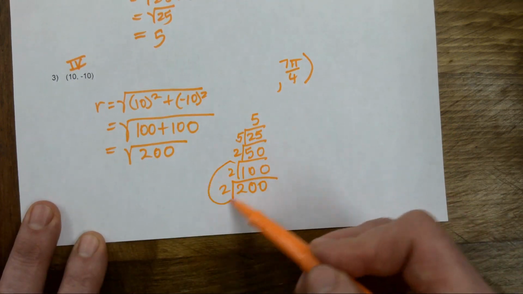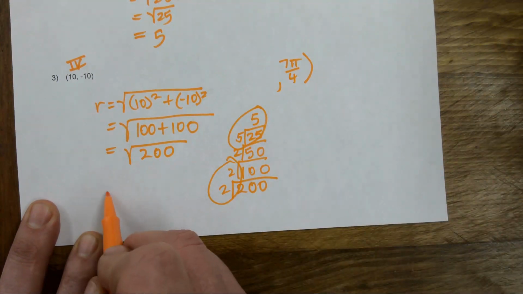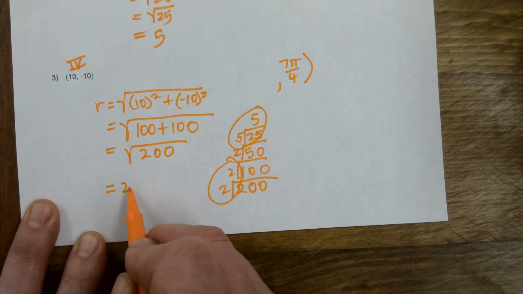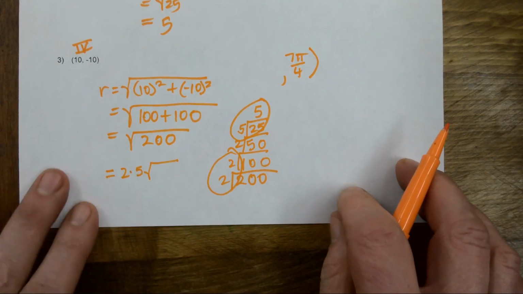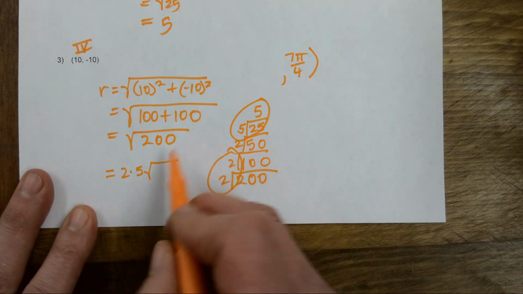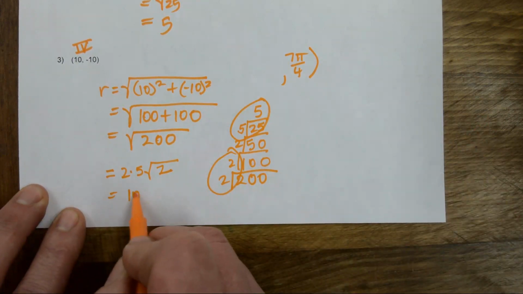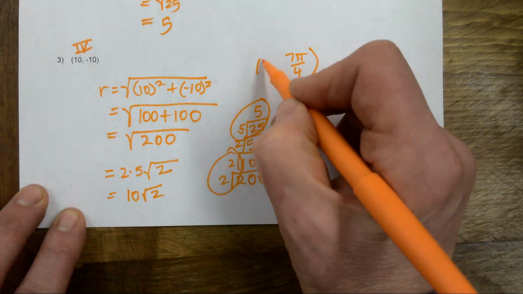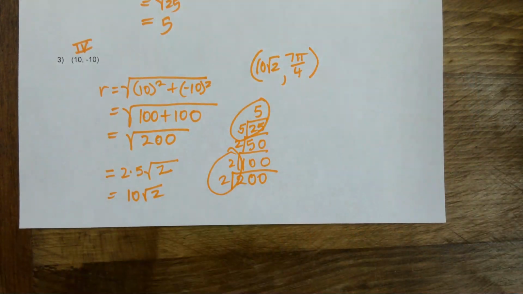I have a pair of 2s, I have a pair of 5s. So this is 2 times 5 on the outside. Take out 1 for every pair. The loner that's left here goes on the inside and stays as is. So this is 10 times the square root of 2. 10 times the square root of 2 is my r coordinate. Okay?